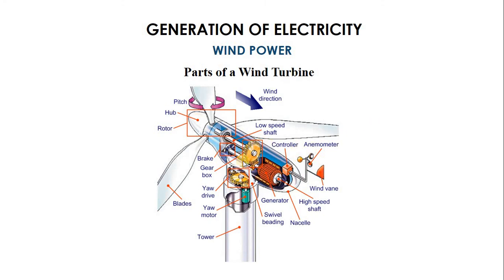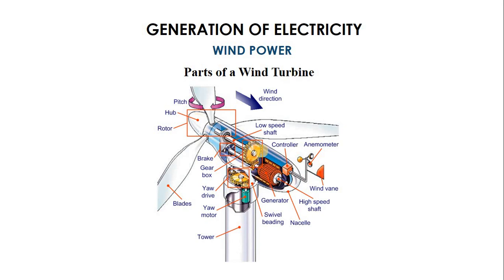Now, to this shaft gear arrangement here, I said earlier on that this is the low speed shaft, connected to this bigger gear. We also have the high speed shaft connected to this smaller gear.